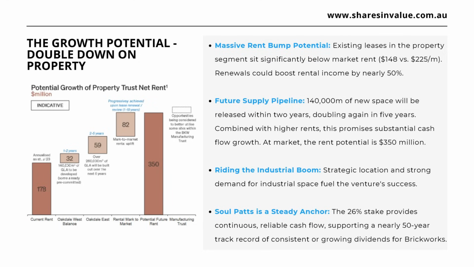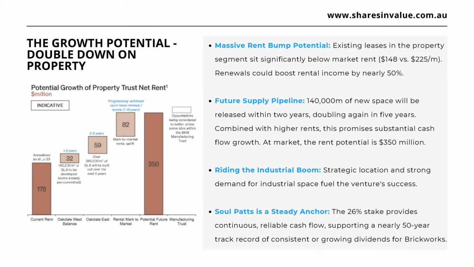So the revenues of the rent for Brickworks will likely be growing over the next 1 to 2 years by 50%. They also have a big new pipeline of industrial estates happening. They're going to be adding about 140,000 square metres of new space.